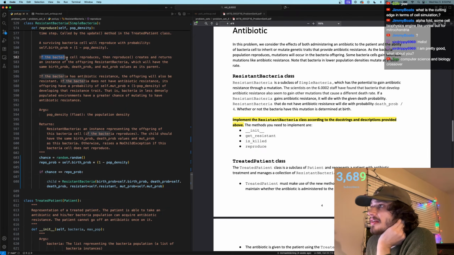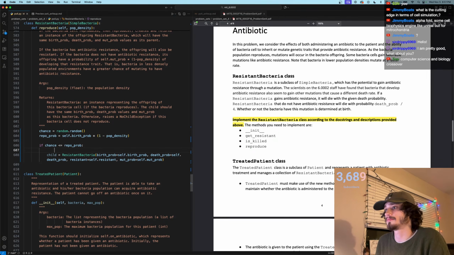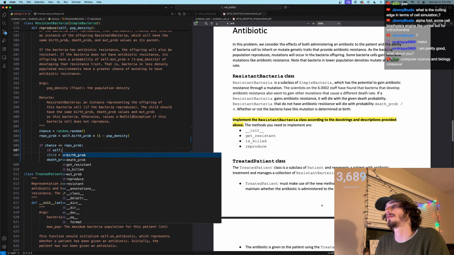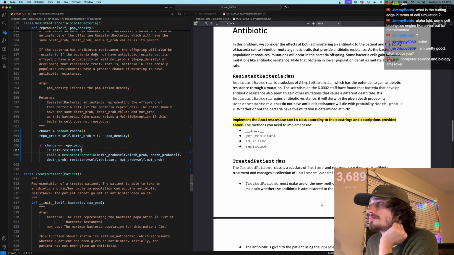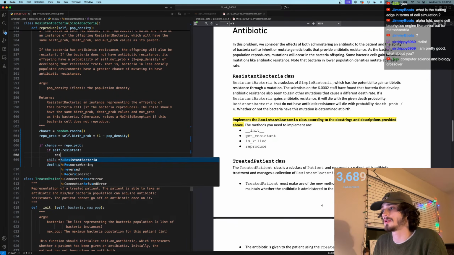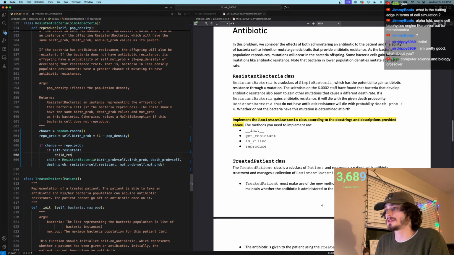If the bacteria has antibiotic resistance, so we'll have to say if self dot resistant, so if we are resistant, then we're going to set child resistance equal to true.